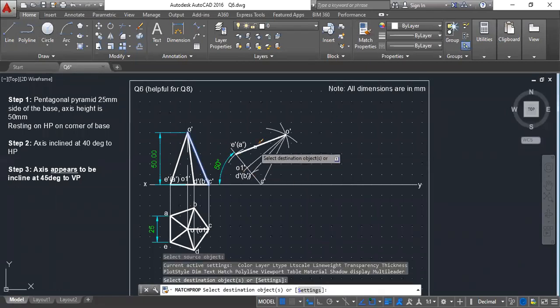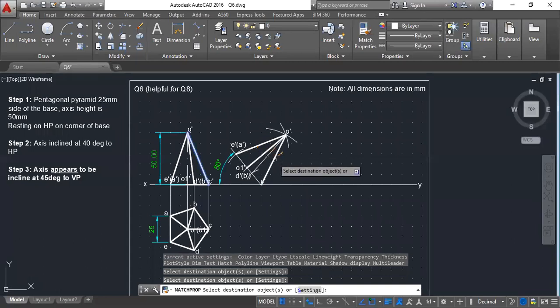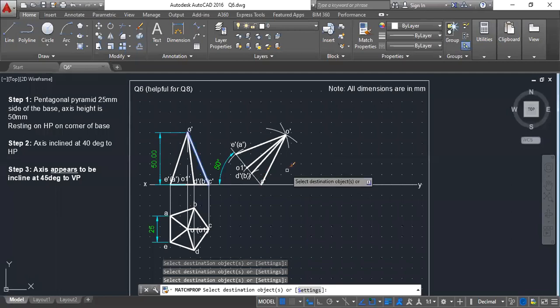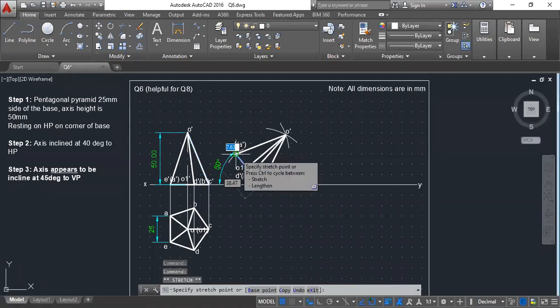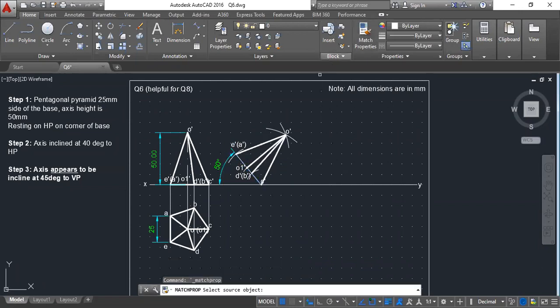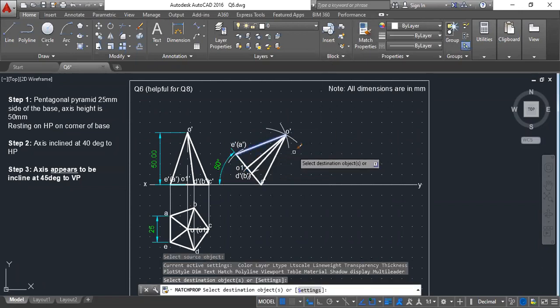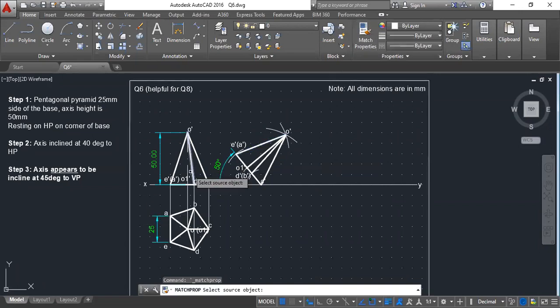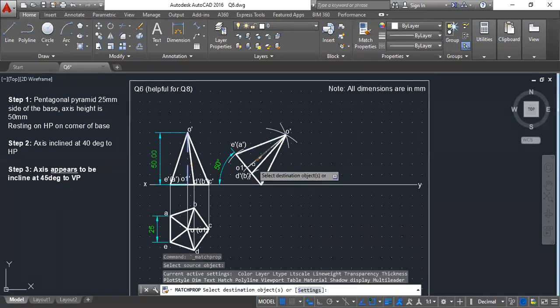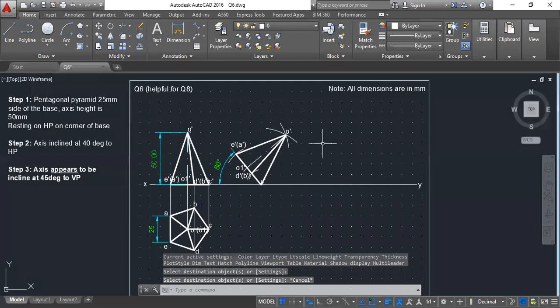Let me make this particular line exact till here. Done. And I have O1 prime as an axis, so I'll make that particular thing axis.